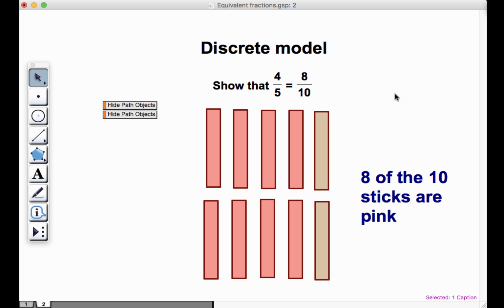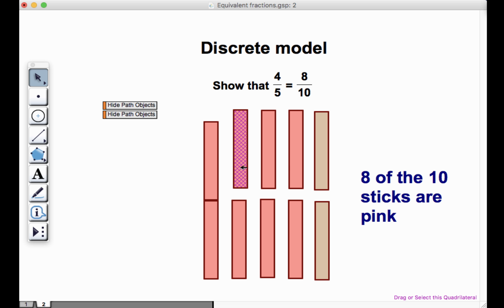But is it a picture of 4/5? If it's a picture of 4/5, we need to be able to make a statement like this to say how it's a picture of 4/5 in a discrete sense. And I think that we can, but it might help if we think about pairing up these popsicle sticks.